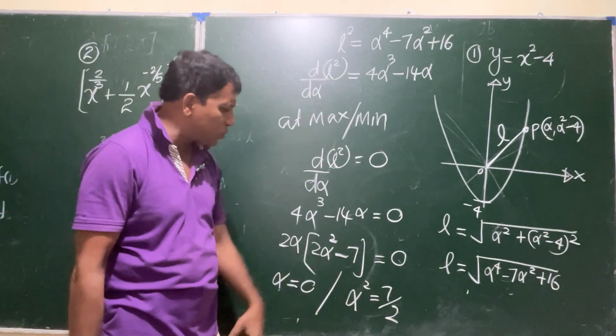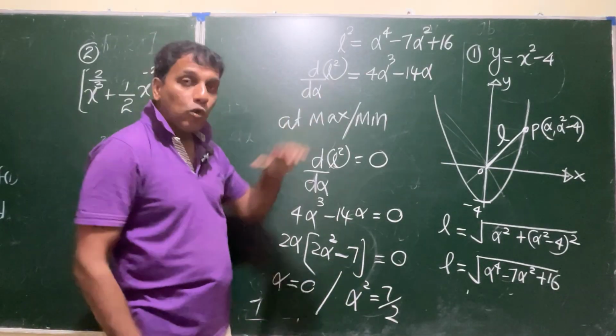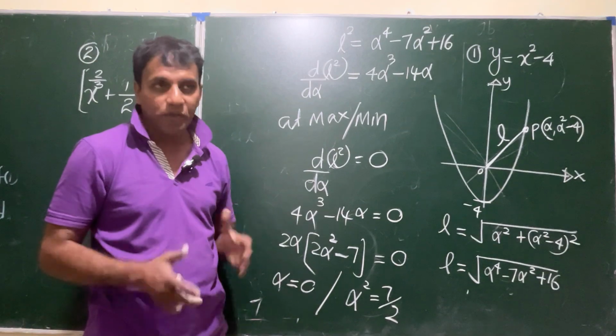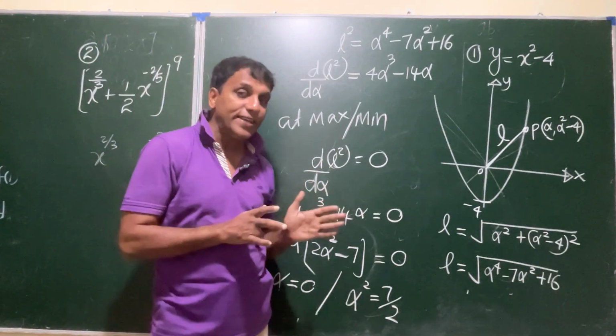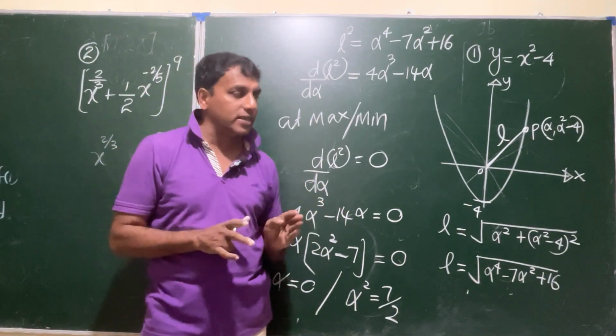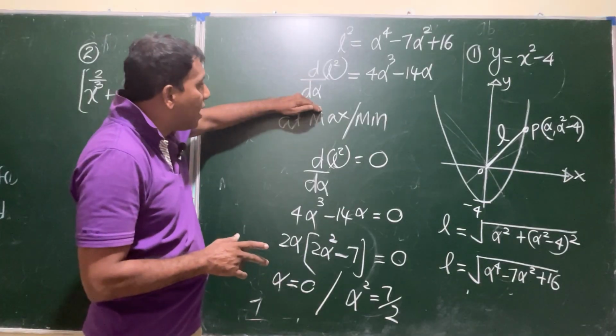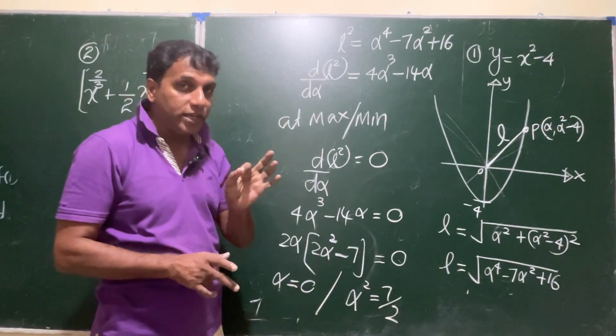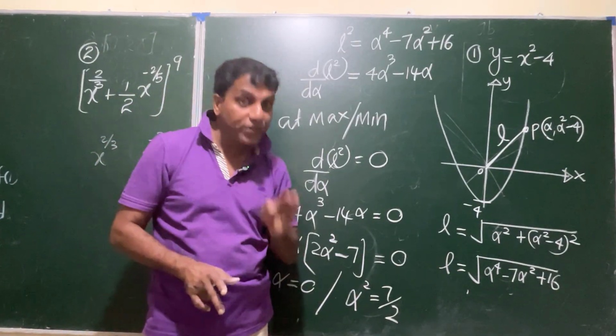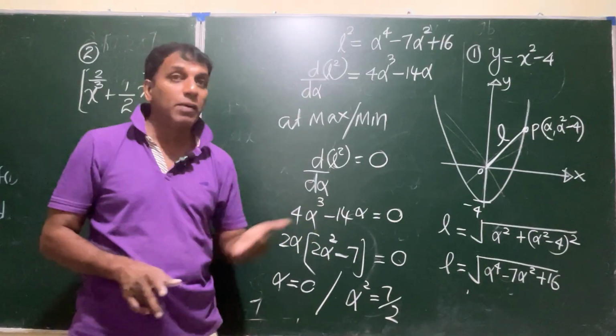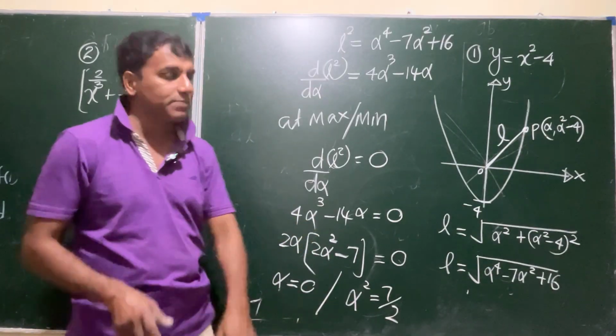I use alpha square because it is simple, because now we find the second differentiation. I will teach you through this video the second derivative method. So you know d over d alpha is the first differentiation, or dy over dx, or f dash x. Now we find f double dash x.